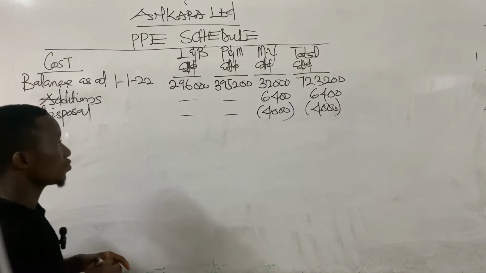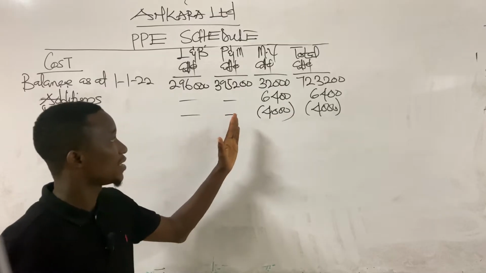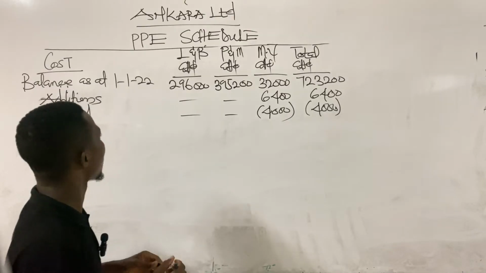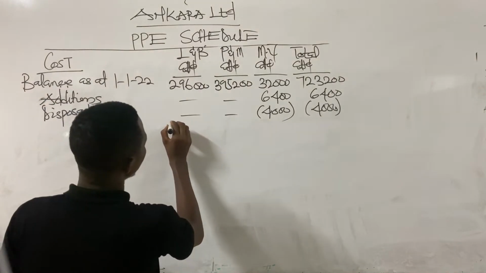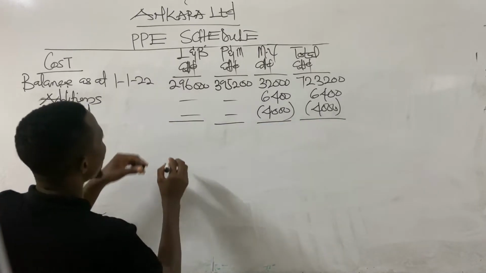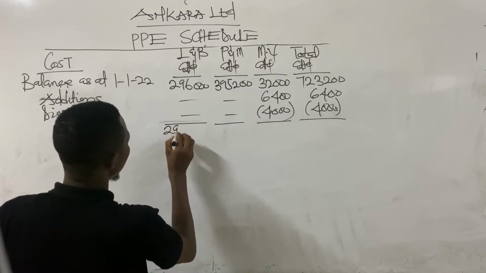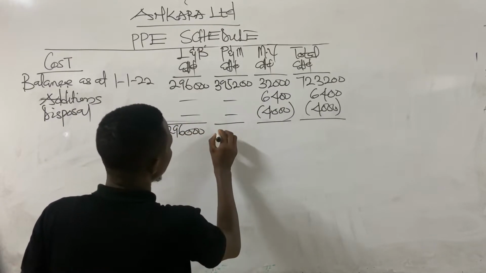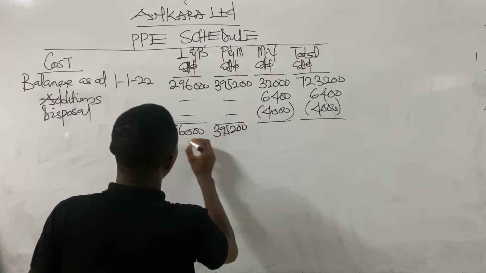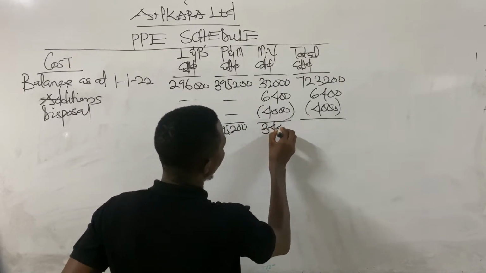Is that okay? Because there is no revaluation in this question, we can do the addition and subtraction to arrive at the closing balance of this asset. And this will remain the same, 296,000. This will be the same, 395,200. And this will be 34,400.